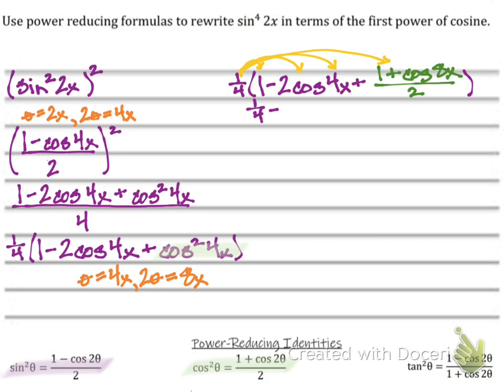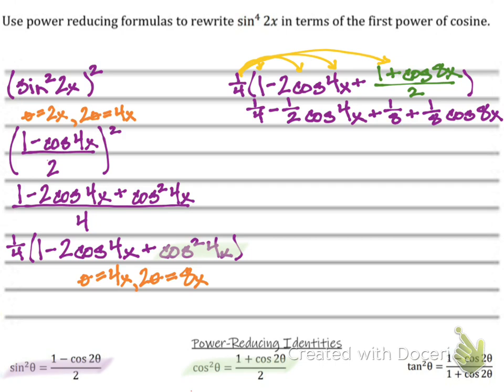Minus 1/4 times 2 is 1/2 cosine 4x plus, that 1 plus and over a 2 is really a 1/2, right? 1/2 times 1/4 is 1/8 plus, then I have cosine 8x over 2 times 1/4 makes it 1/8 cosine 8x.